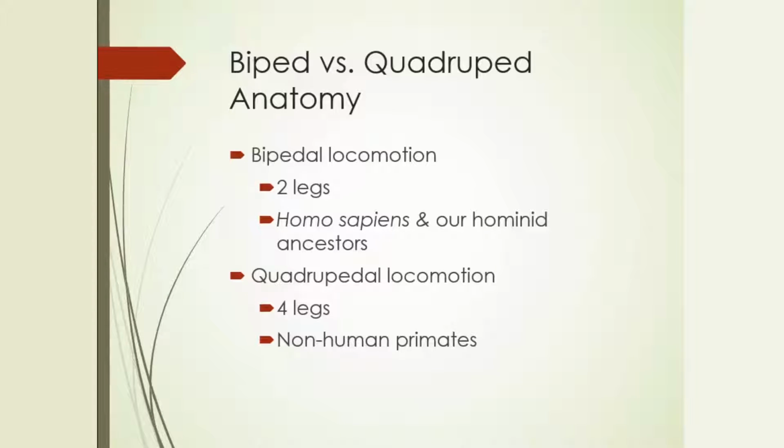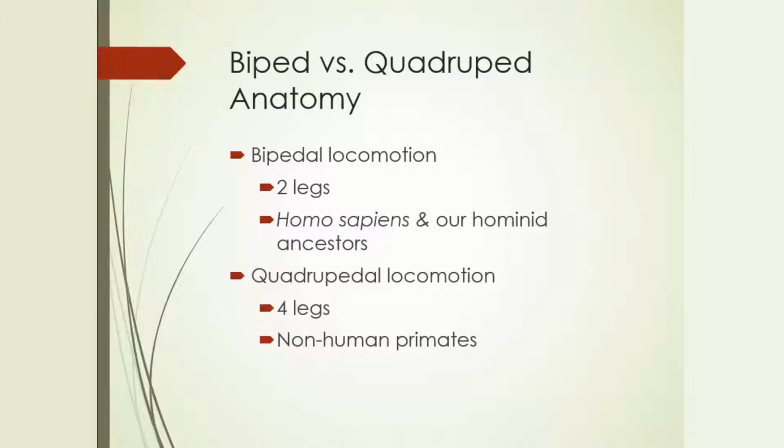And now what I want to do is talk about some biped versus quadruped anatomy. We really won't get into primates until next week in your next lecture, but since I'm recording here, we're going to go ahead and introduce you to some of the differences that we can see when we compare a biped species to a quadruped species. So just to remind you, a bipedal species, or a species that locomotes bipedally, is locomoting on two legs like ourselves.